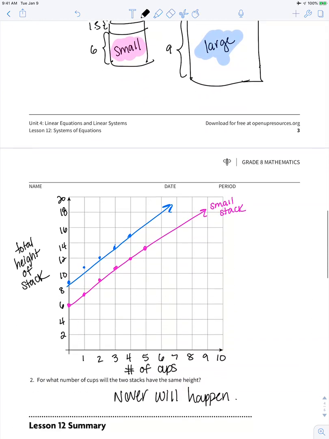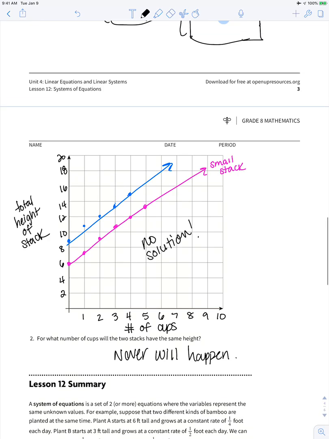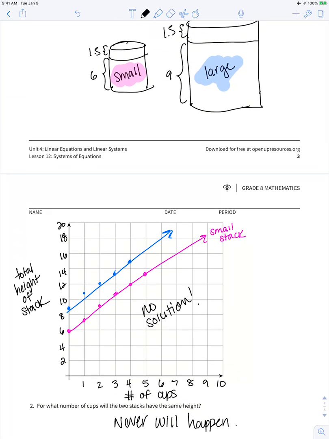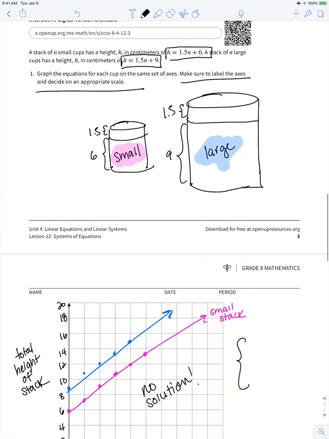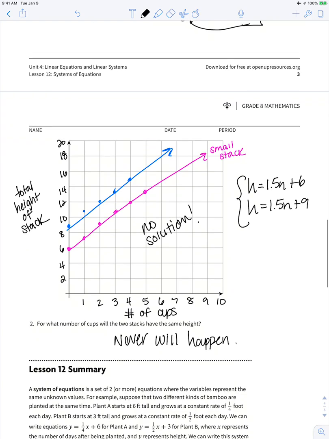These did not intersect, so this has no solution. If I want to write it out as a system, I would say h is equal to 1.5n plus 6, and h is equal to 1.5n plus 9, and there's no solution.